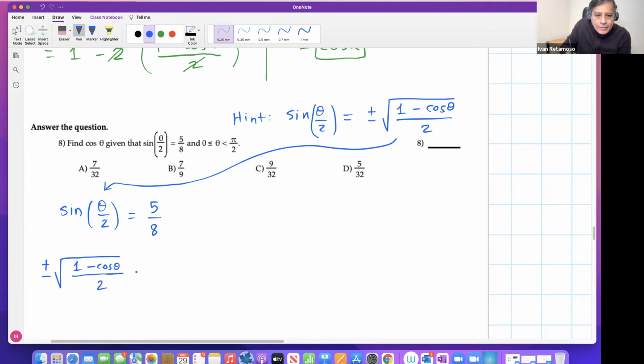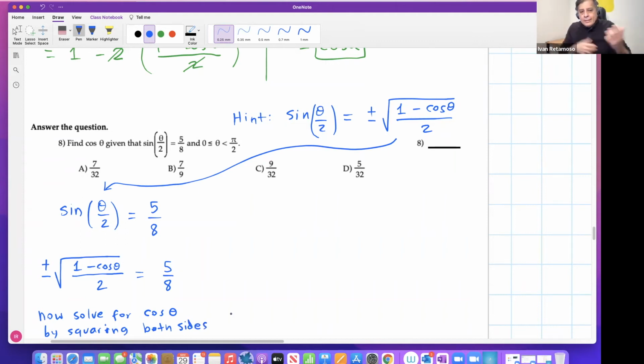Solve for cosine of theta by squaring both sides.